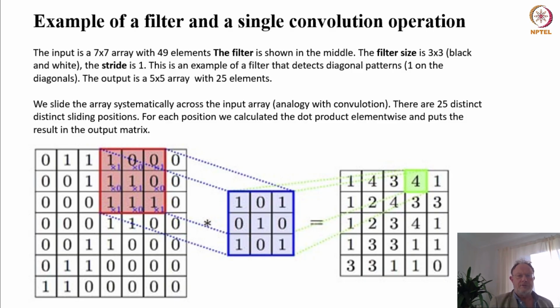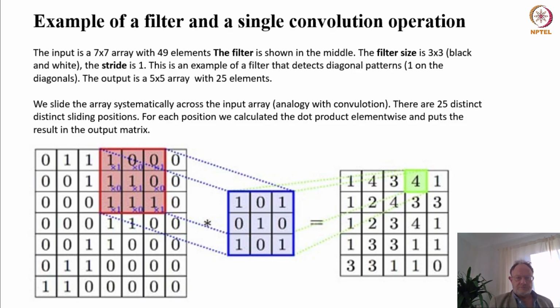So the output, because of the size of the filter and the stride, in the same sense that in the earlier example, we get a smaller output array, actually a 5x5 array with 25 elements.